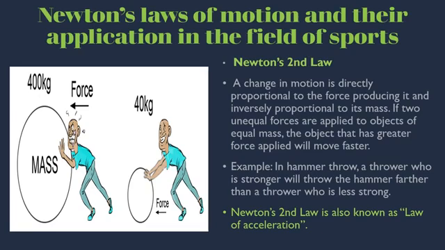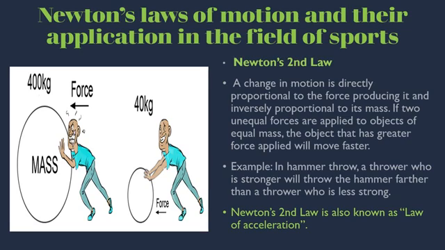This law is also applied in various sports. For example, in hammer throw, the thrower who is stronger will throw the hammer faster than a thrower who is less strong. Let me give you one example from cricket. Suppose two bowlers are there, one a spinner and one a fast bowler.